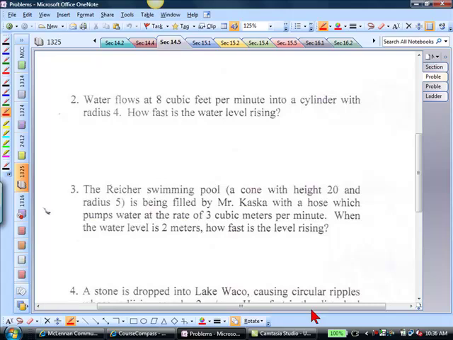All these are asking for instantaneous rates. At this particular instant, how fast is it changing? You can only do that with calculus. Okay? All right, so we get to draw. You want to write down or draw a cone that has a height of 20 and a radius of 5. You want to write down that water's going in at a rate of 3 cubic meters per minute.